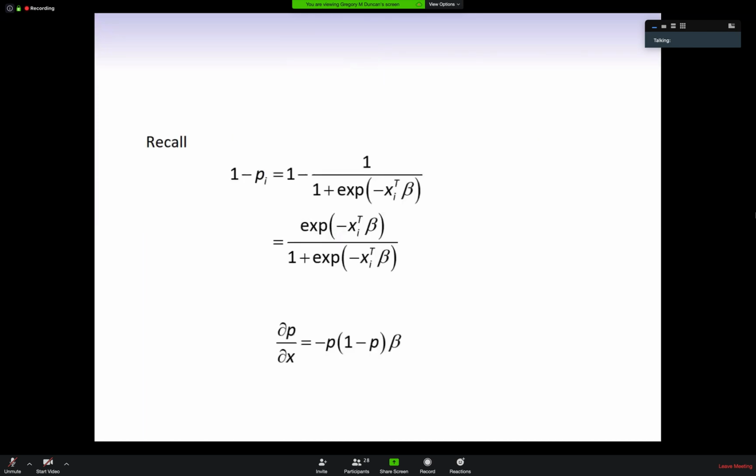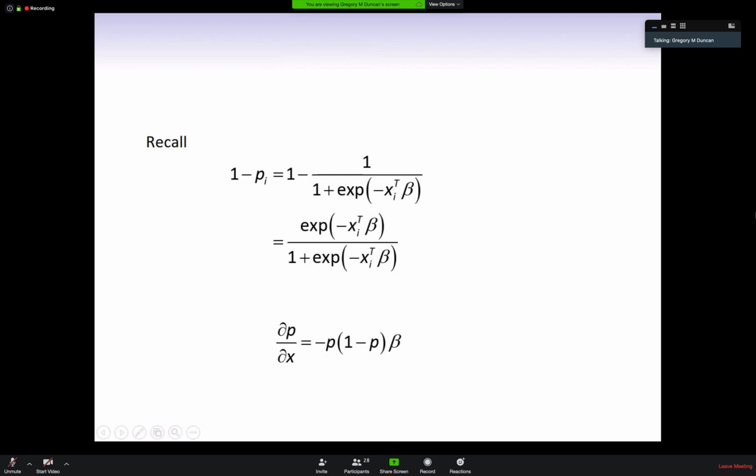Recall that 1 minus p was equal to 1 minus the probability, and had that form I told you was going to turn out to be useful. So it's exp over 1 plus exp.